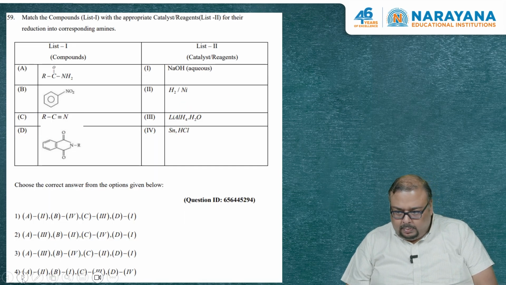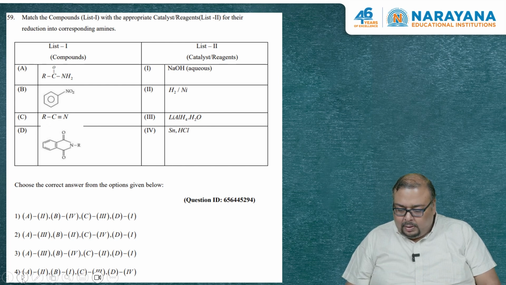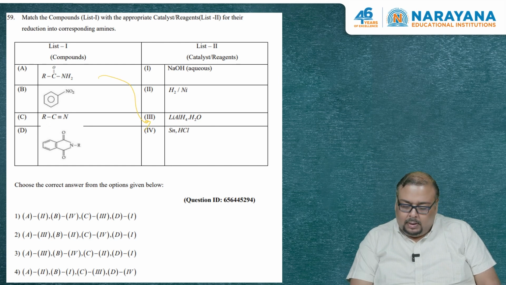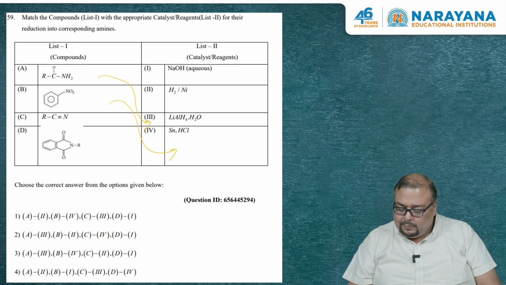In question number 59, match the following compounds in list 1 with the appropriate catalyst or reagents in their reduction to corresponding amines. In this case, amides on reaction with LiAlH4 will give amines, RCH2NH2. Nitrobenzene on Sn/HCl, metal acid reduction, will give C6H5NH2 or aniline.